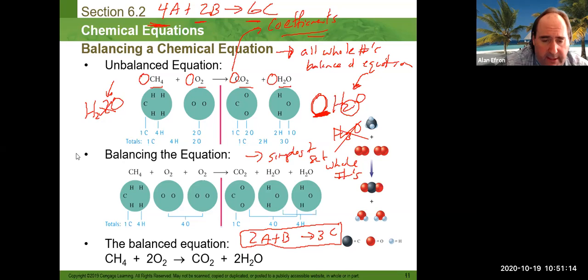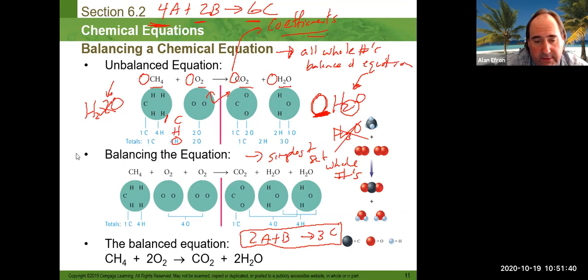So in our example here, one way sometimes people approach doing these things is you can make a table of what you got going on. So in our unbalanced equation, which is up here on top, it's very helpful just to make a table of what's there. Like we have carbon, hydrogen, oxygen. On the left-hand side, for example, we have one carbon.